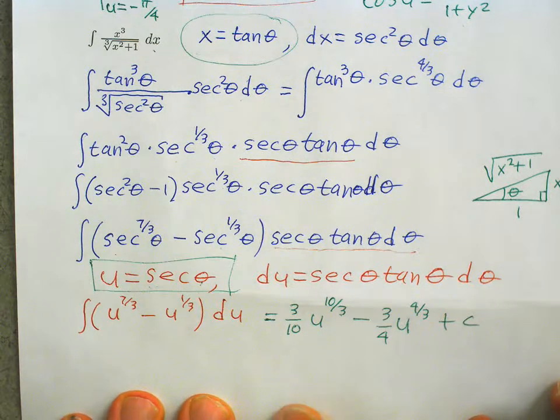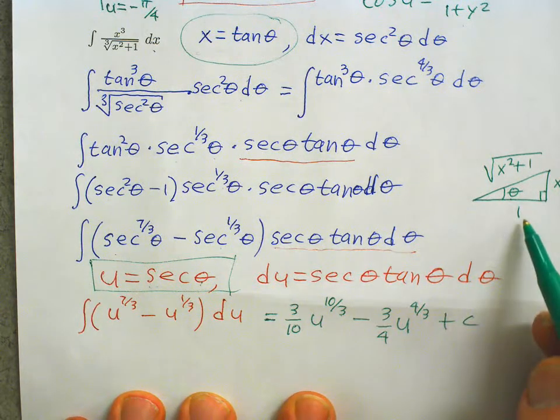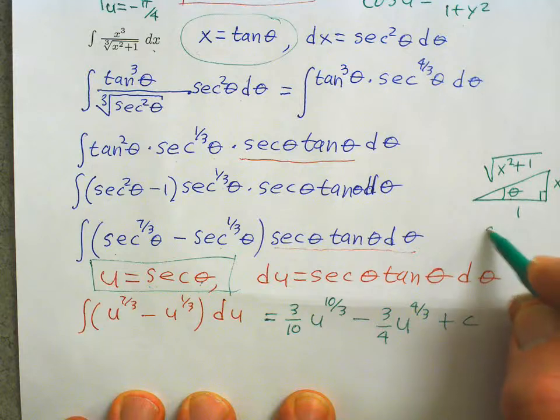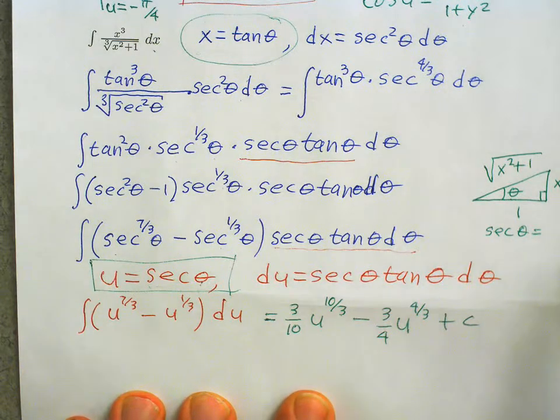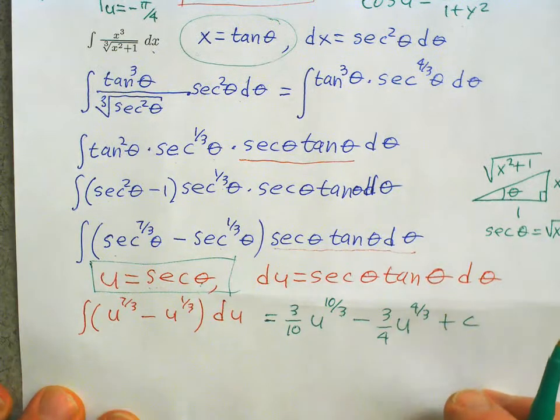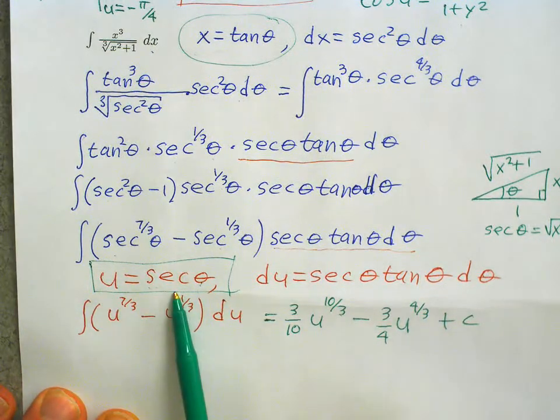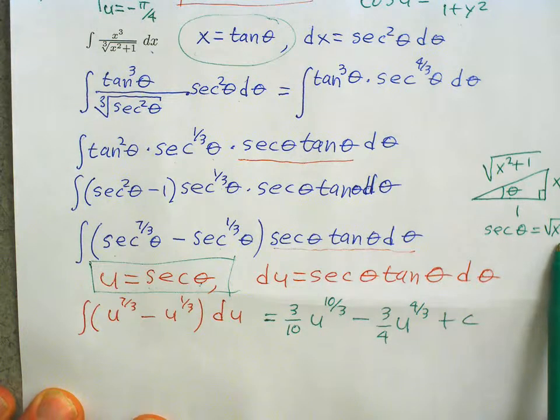And secant of theta is the reciprocal of cosine, so this is just the square root of x squared plus 1 over 1, or the square root of x squared plus 1. And since u is secant of theta, we can just replace u with the square root of x squared plus 1.